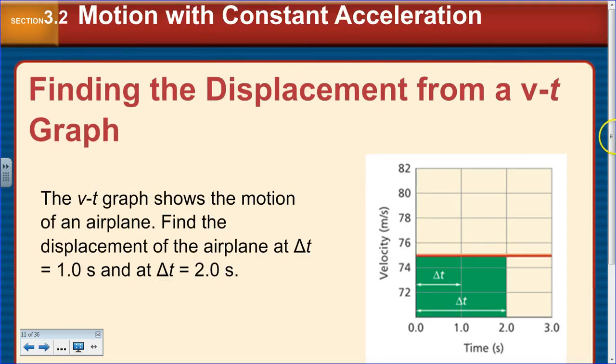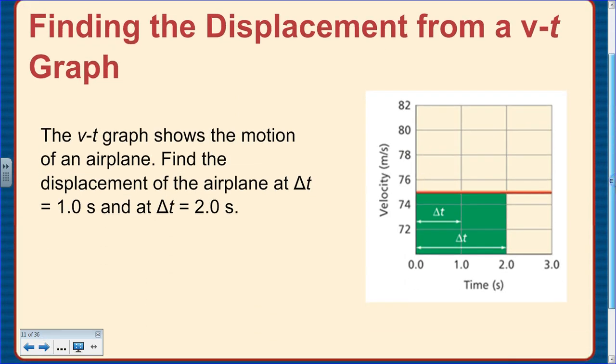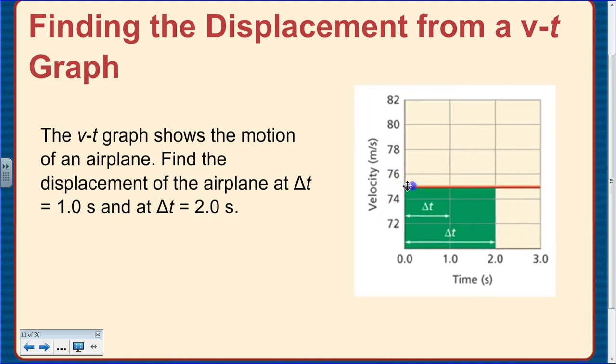All right. Once again, we have a constant velocity of 75 meters per second, with time written across here in seconds. It says find the displacement of the airplane at t equals 1 second and t equals 2 seconds. We'll look at the area.